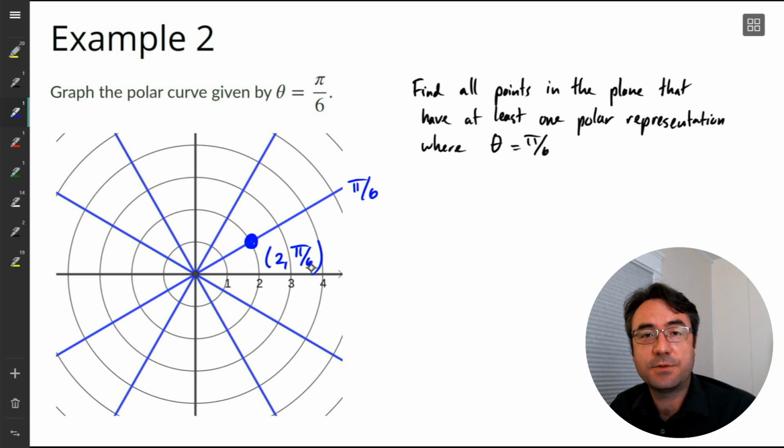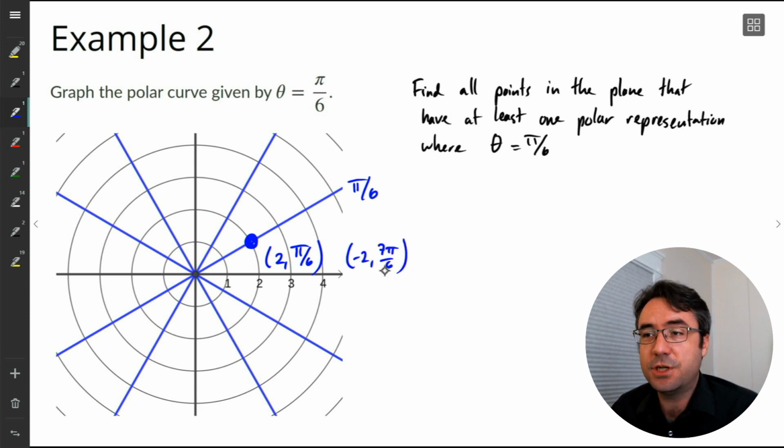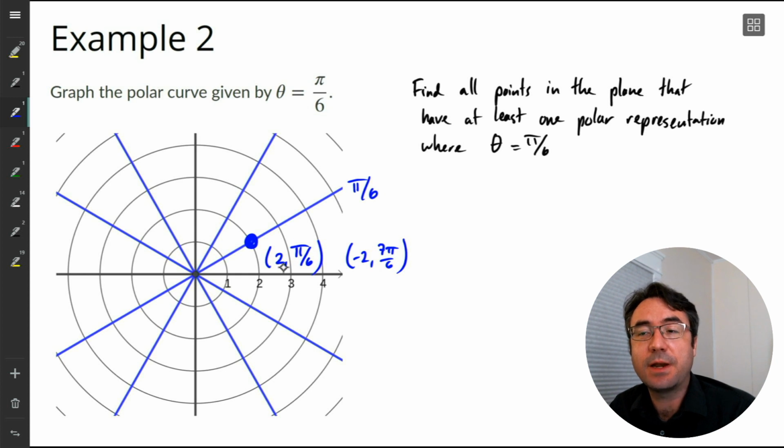We wrote down polar coordinates for that point, and the theta value is pi over 6. Now there are other ways to describe this point in polar coordinates. Some of them might not work. So we saw negative 2 comma 7 pi over 6. This version doesn't work, but that's okay. We already found one that does. So we know this point is going to be on our curve.